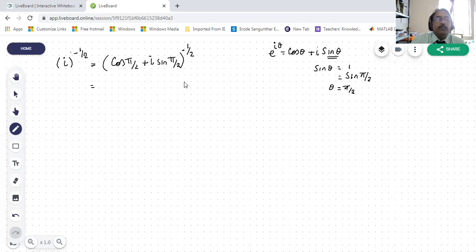What is De Moivre's theorem? E power I theta power n is equal to e power I n theta. So cos 1 by 2 into pi by 2 plus I sin 1 by 2 into pi by 2. This is minus.